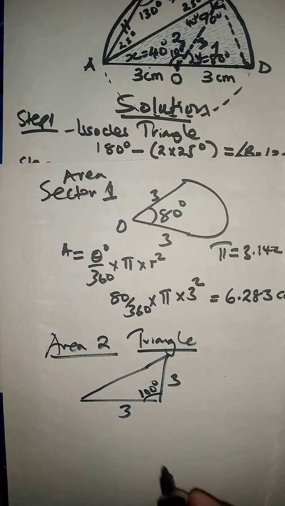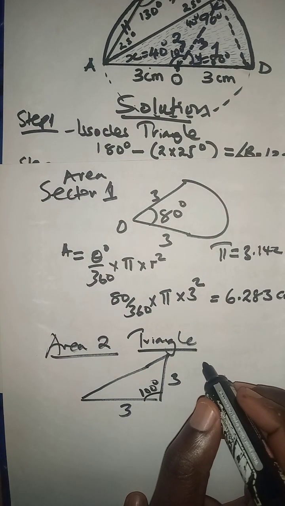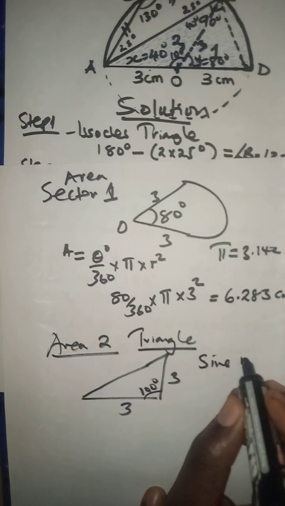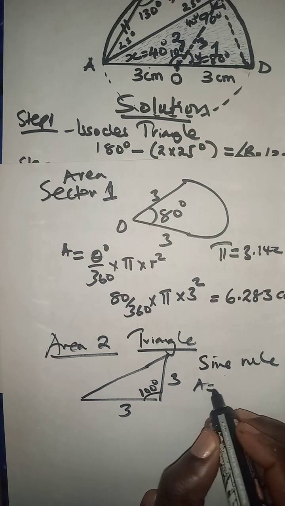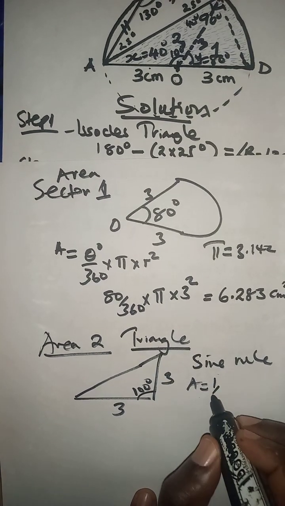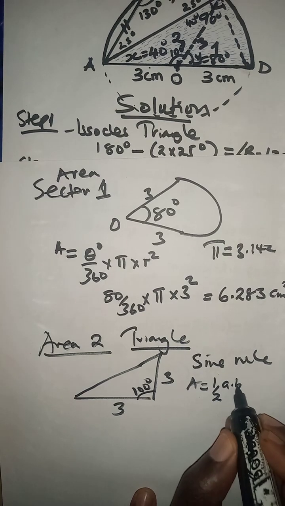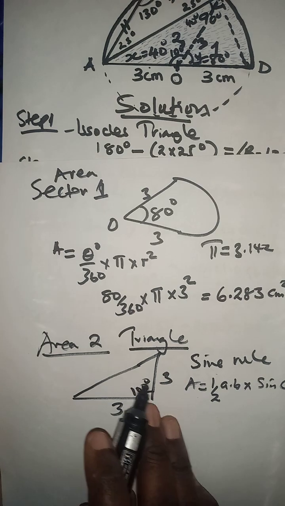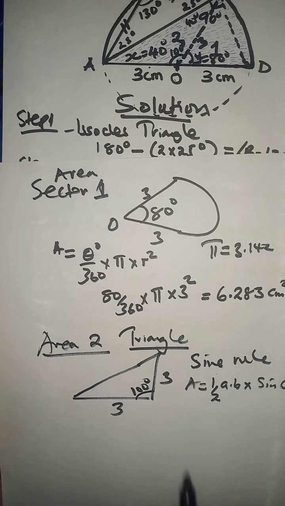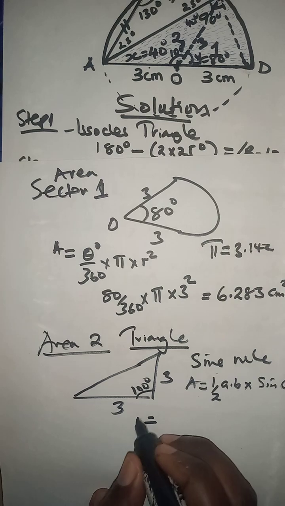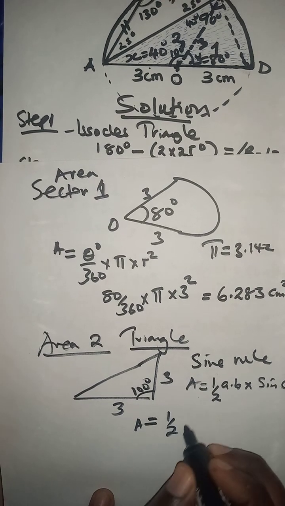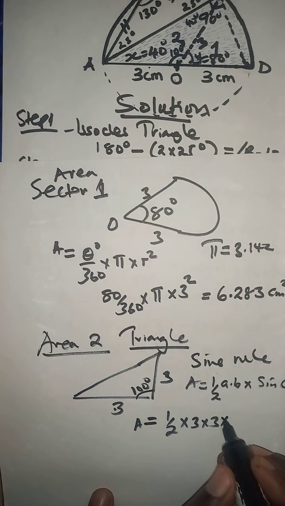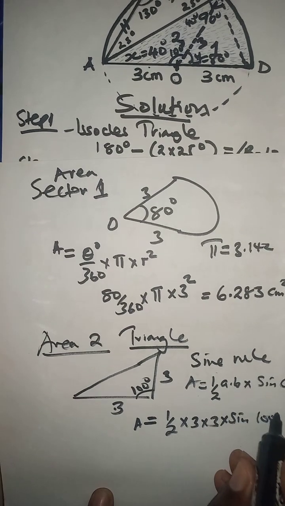I'm going to solve this triangle using the area formula, which tells me that area can be calculated as a half times a times b times the sine of C, which is the angle included in that triangle. So solving it, I'm going to get a half times 3 times 3 times the sine of 100 degrees.